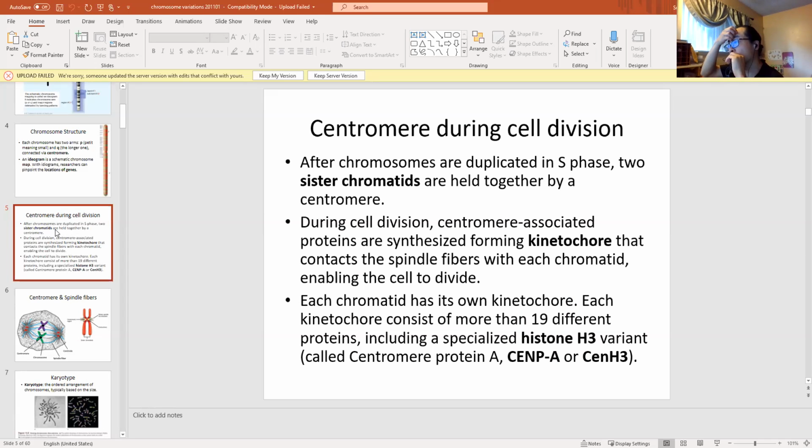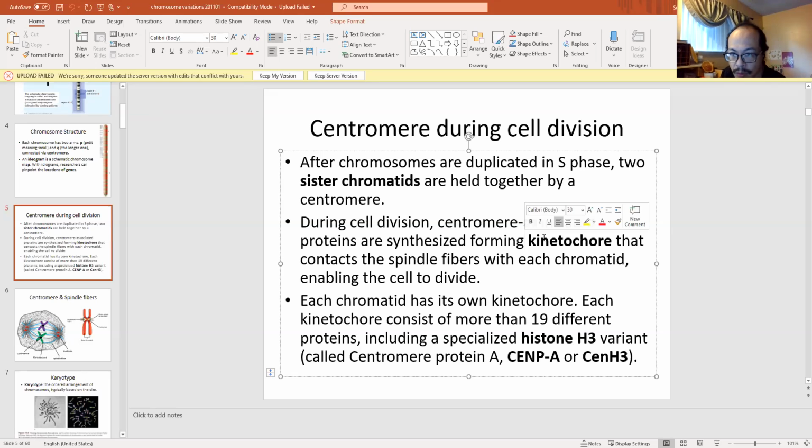So after the chromosomes are duplicated in S phase, it generates sister chromatids, and these two sister chromatids are connected by the centromere. And there is one very important protein complex about this centromere during cell division. This is called the kinetochore.